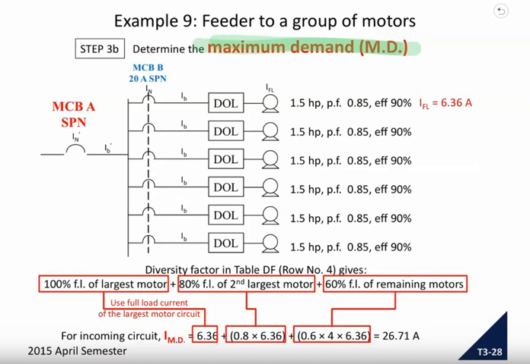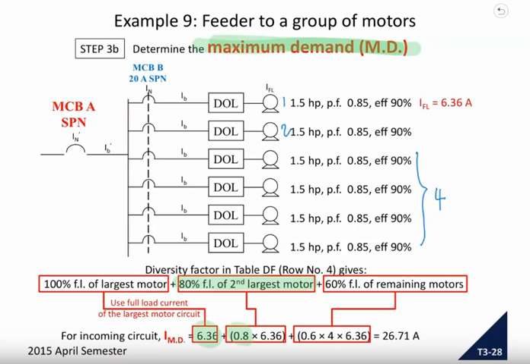So your maximum demand will be 6.36 for the first largest one. And then 80% of the second largest. Okay, in this case, identical, so no issue. We remember to multiply by a factor of 0.8. And after taking out the first two, so we have one, two, we are left with 4 of them, right?